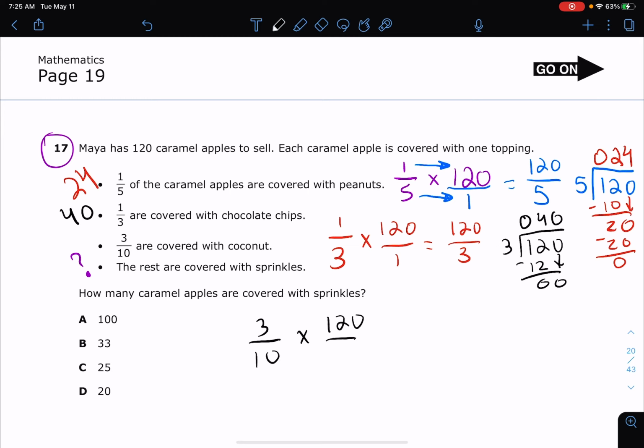3/10 times 120 over 1. What is 3 times 12? Oh, let's do fast math. Matemáticas rápidas. 3 times 0 is 0. 3 times 2 is 6. 3 times 1 is 3.